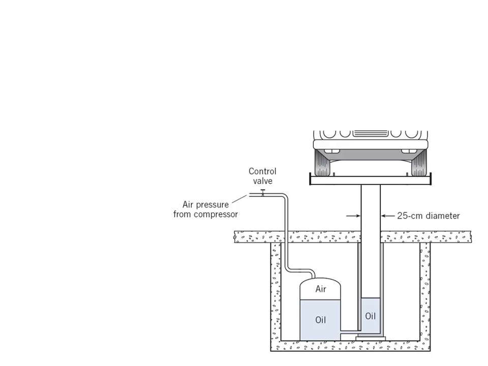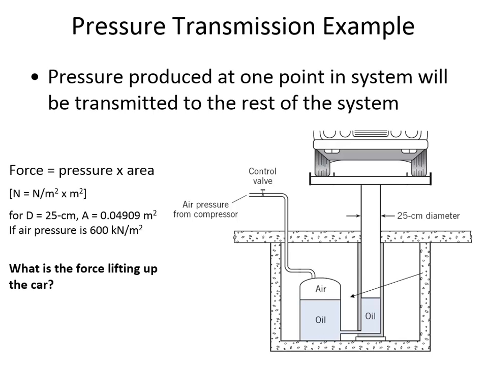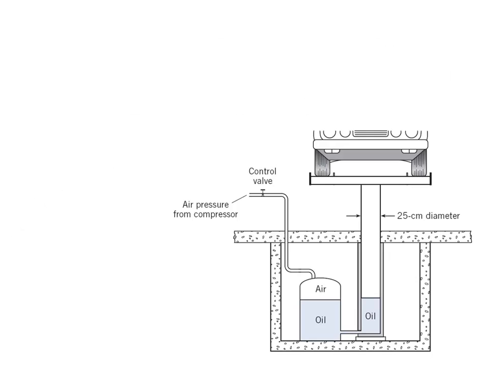So this is one of my favorite diagrams in the book because it introduces one of the most counterintuitive ideas, and that is pressure transmission. One of the things that pressure can be very useful for is lifting heavy objects like cars. So here we have a compressor.